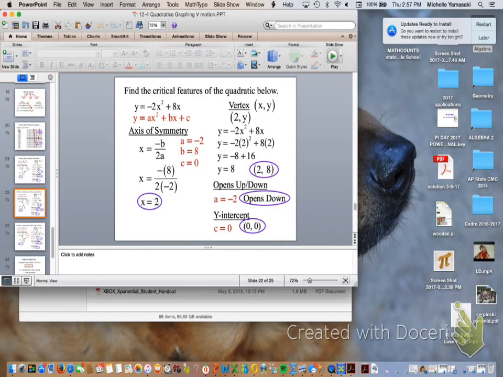I can just say what happens when x is 1. What's 1 squared minus 4 times 1 plus 8? 1 minus 4 is minus 3, plus 8 equals 5. So when x is 1, y is 5.